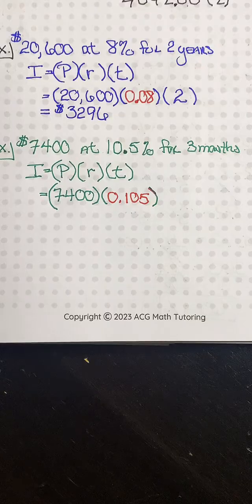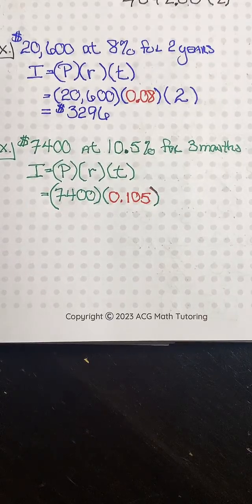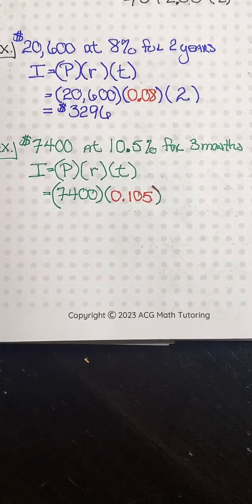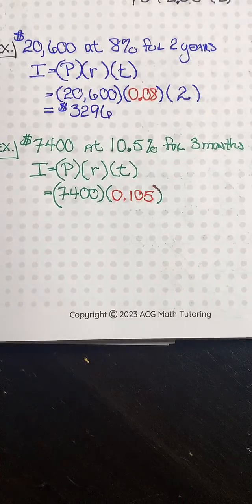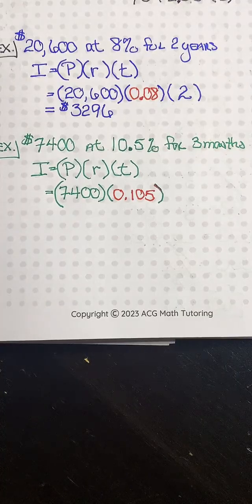JJ, 1/4. Make sure it's a quarter, good. 3/12, but reduce it, and we'll give you your 1/4. There you go, Danny. Just make sure you reduce it because it can.